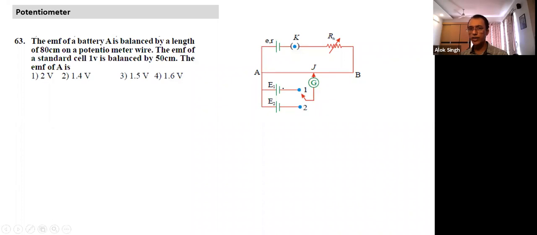When I want to connect the first battery into the circuit, I connect this 2A key like this. When I shift the key from position 1 to 2, it is equivalent to connecting the second battery in the circuit. So using a 2A key, rather than drawing two circuits, I can draw one circuit. When it is connected like one, E1 is connected to the secondary circuit. When it is switched like this, the second battery is connected to the circuit.